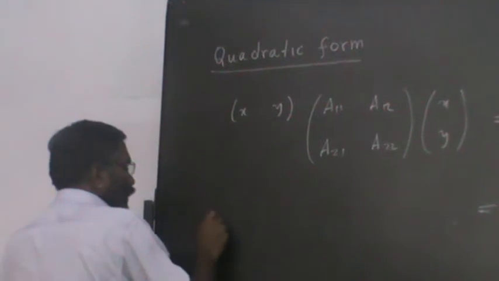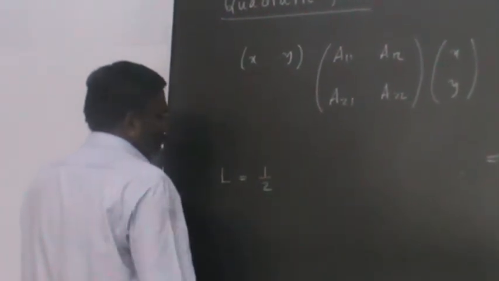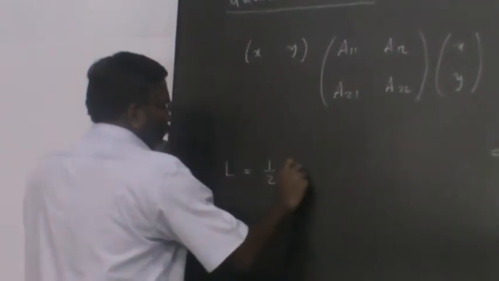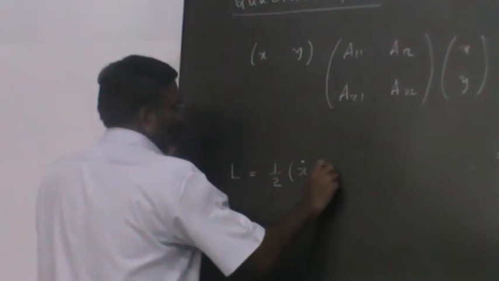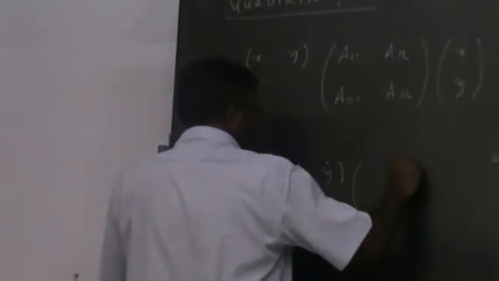So if you have an equilibrium point which is slightly displaced, the small oscillations are governed by the harmonic oscillator potential. So you will write the Lagrangian as half, for example, x dot, y dot into a matrix, x dot, y dot.